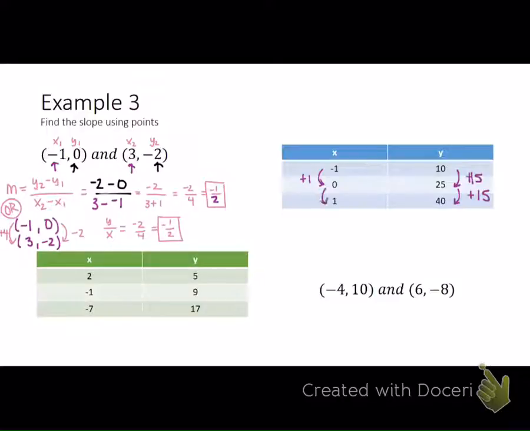From 0 to 1 is? What, Cassie? 1. So if we do both of those, from -1 to 0 is 15 over 1, which is just 15. And from 0 to 1 is 15 over 1, which is still 15. So this is a linear slope. It has a slope of 15.